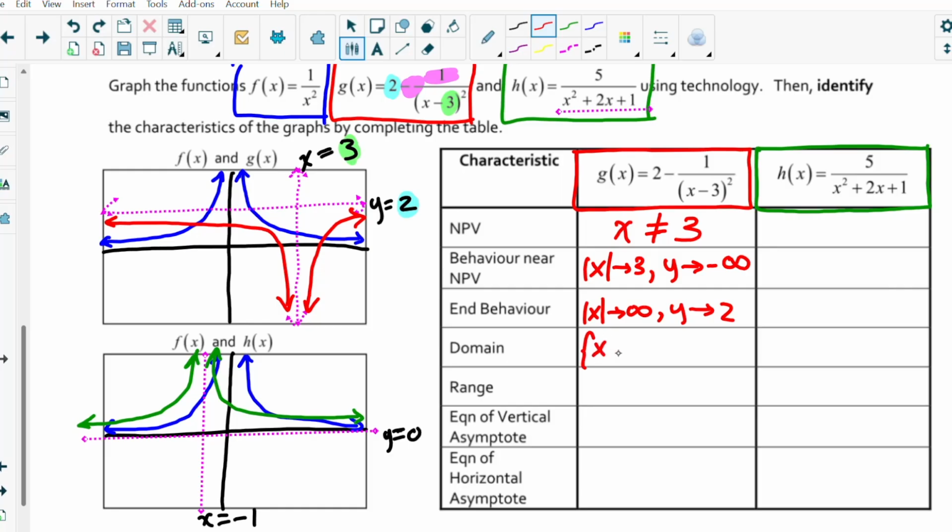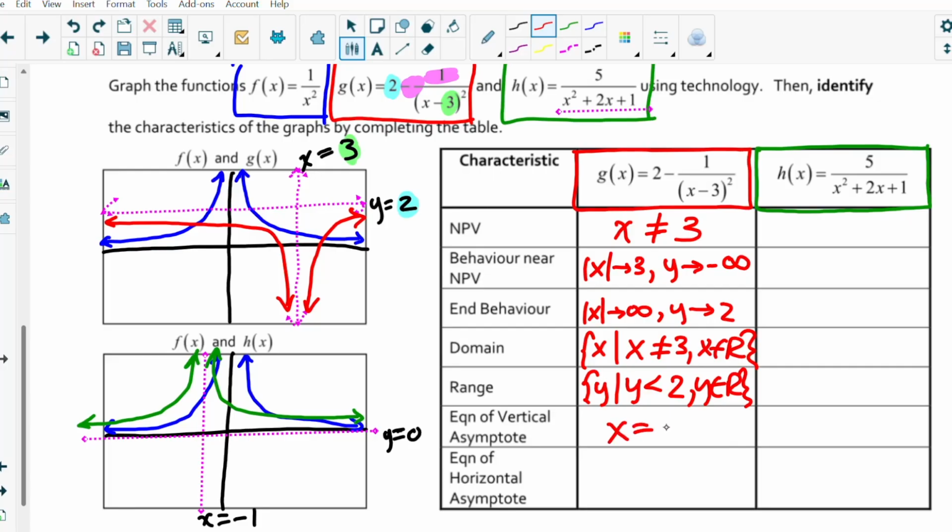Domain: x such that x does not equal 3 and x is an element of all real numbers. The range: y such that y is less than 2. So here's the y values, everything less than 2. Y is an element of all real numbers.